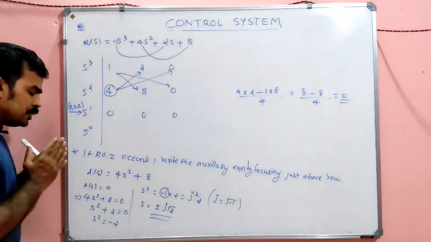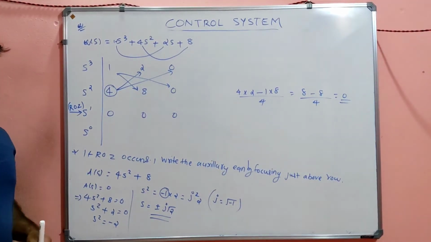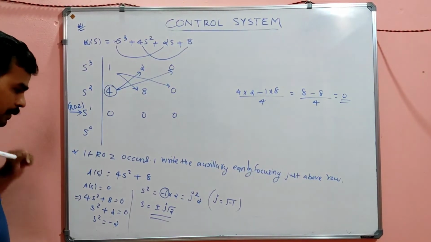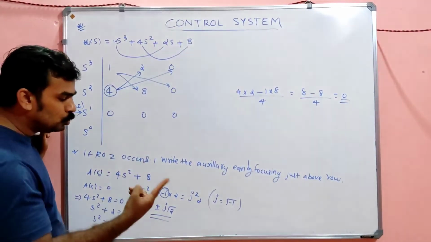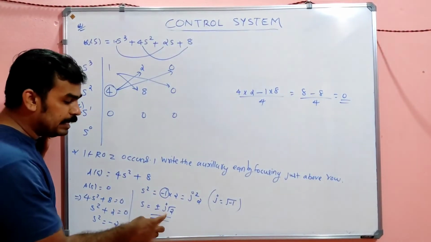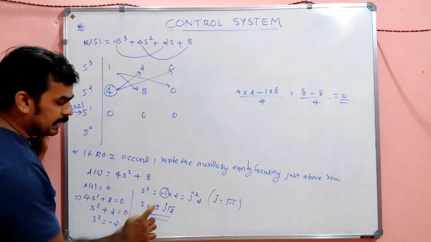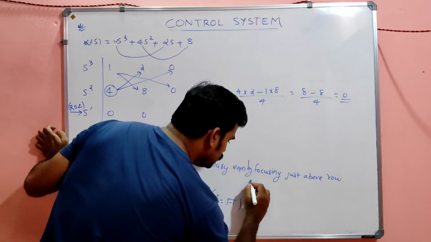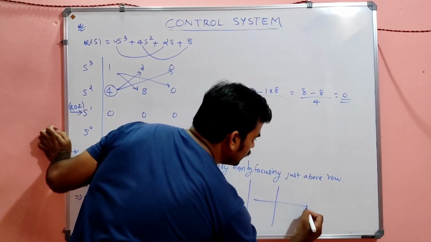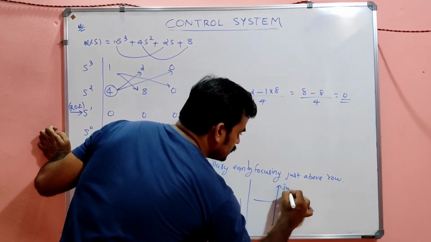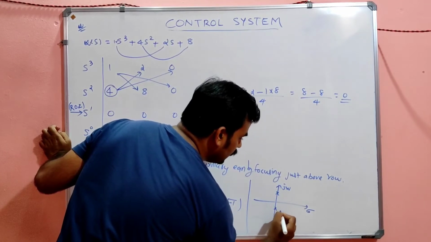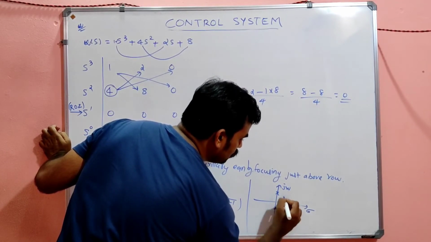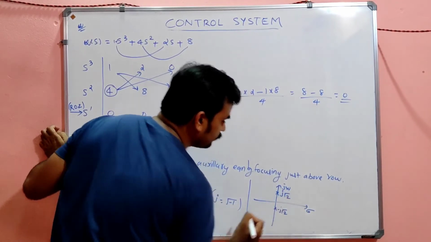The solution of the characteristic equation implies that, my dear, there are two roots on the imaginary axis. S is equal to plus or minus j root 2 means the nature of the roots will be like this: sigma and j omega axis, and here one root and here one, here minus j root 2 and here plus j root 2.